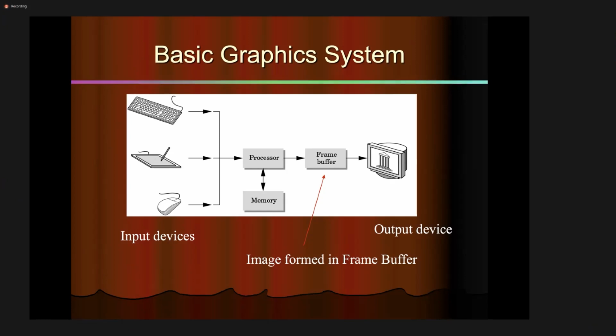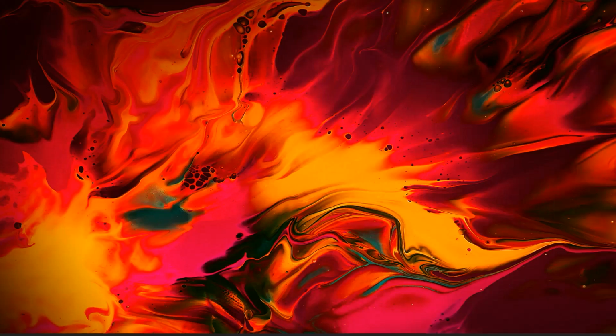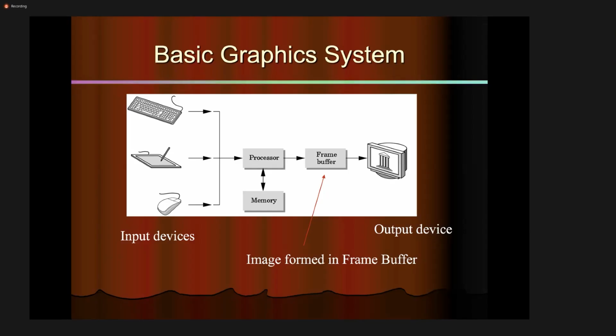When you have mouse input and movement, that will go to the output device, and those things will be processed here. The processor processes it and puts it into the memory, and from the memory it forms into the image buffer and goes to the output device. That is how it goes here.